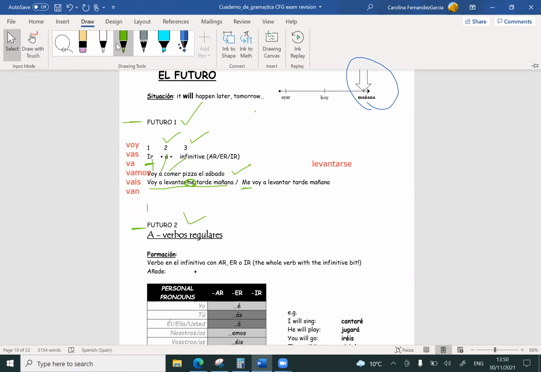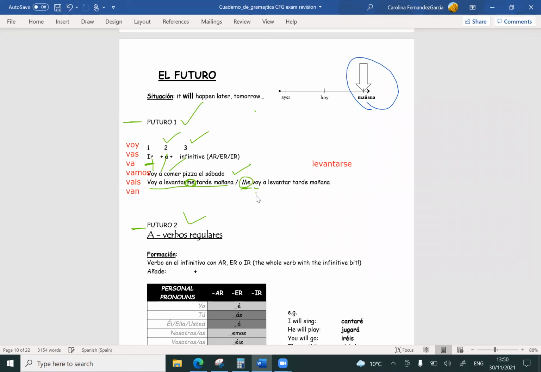So the other thing we do is put it at the very beginning and get rid of the se. I'm going to get up. And that's how the future tense works. You'll be asked this in your oral exam, in your diary entry and dialogues.